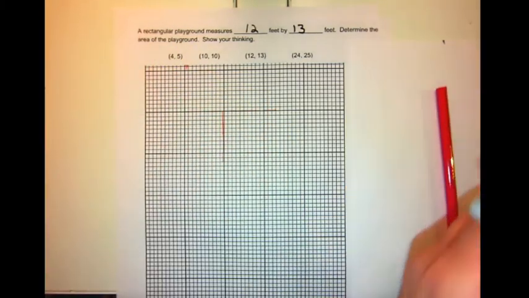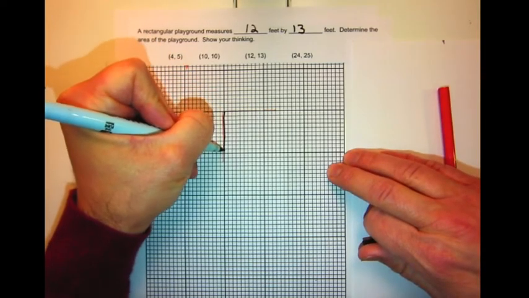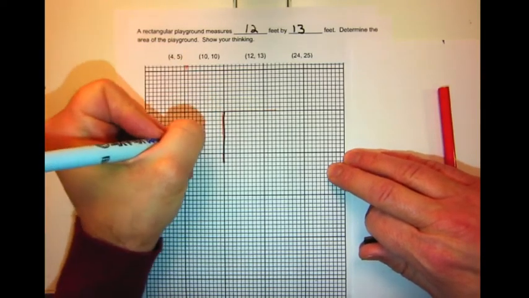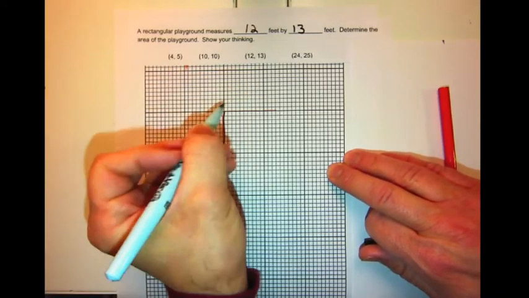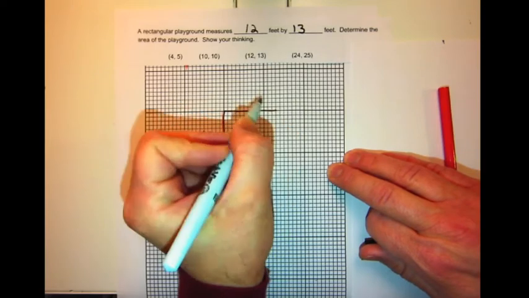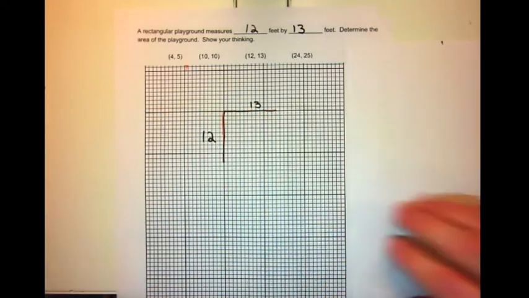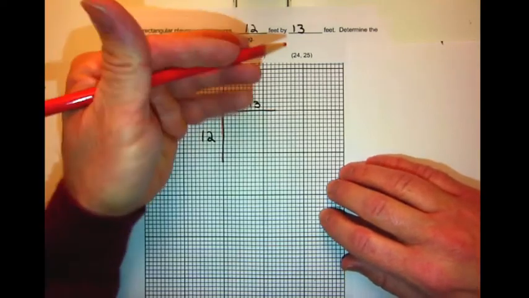So this side, and I can even trace that in a little bit darker, there is 12. And over here I have 13.